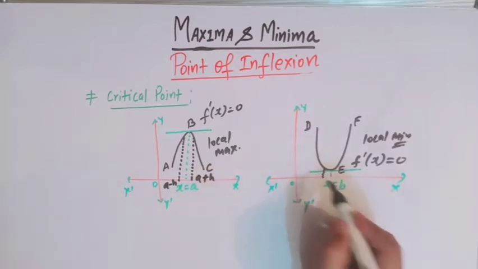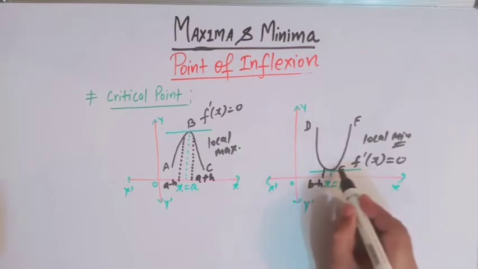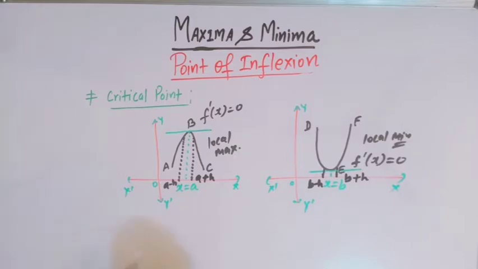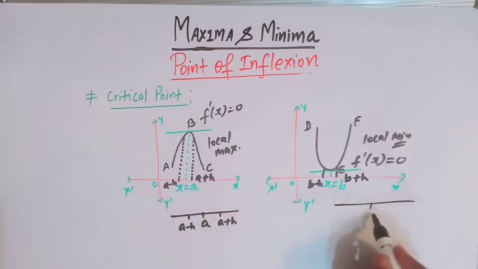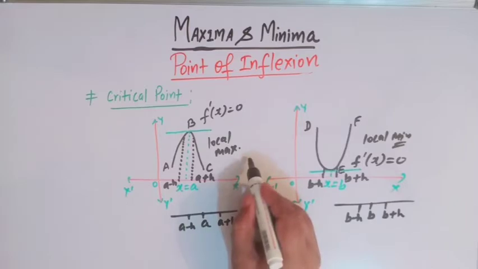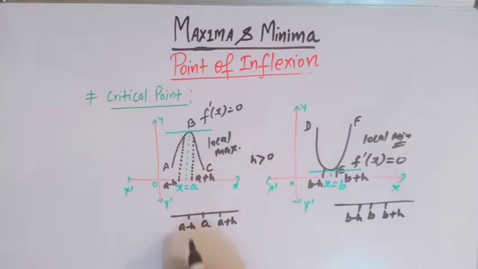Similarly, here we have b minus h, and here we have b plus h. So this is the point A, and here we have a minus h, here we have a plus h. Similarly, this is point b minus h, and this is point b plus h, and in both cases h is greater than 0. So these 2 points are in the neighborhood of point A. Similarly, these 2 points are in the neighborhood of point B.